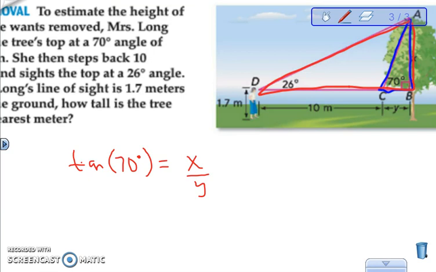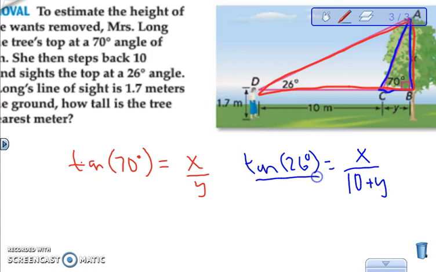And then for the red triangle, the tangent of 26 degrees is equal to x over the entire bottom portion of the triangle, so that's 10 plus y.